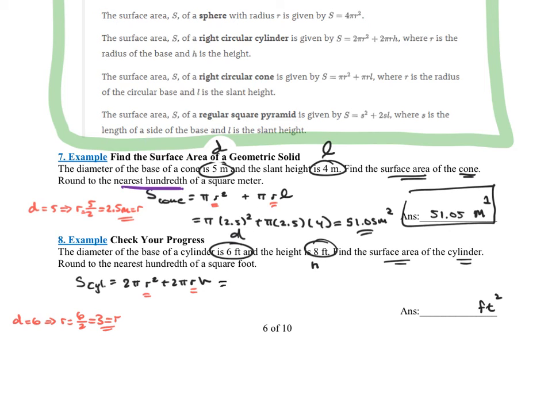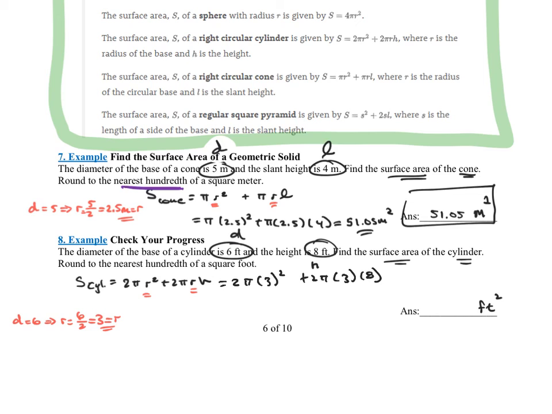Now that we have all our variables, we have our formula, we've labeled our answer. This is 2 pi times the radius, which was 3, squared, plus 2 pi times the radius, which was 3, times the height, which was 8. Okay? So put that all into your calculator and let's see what you get.